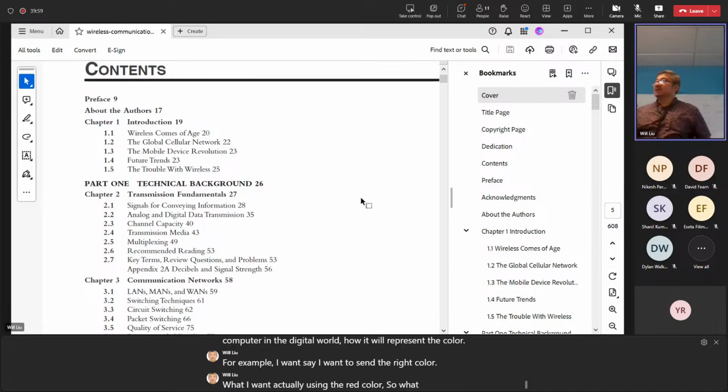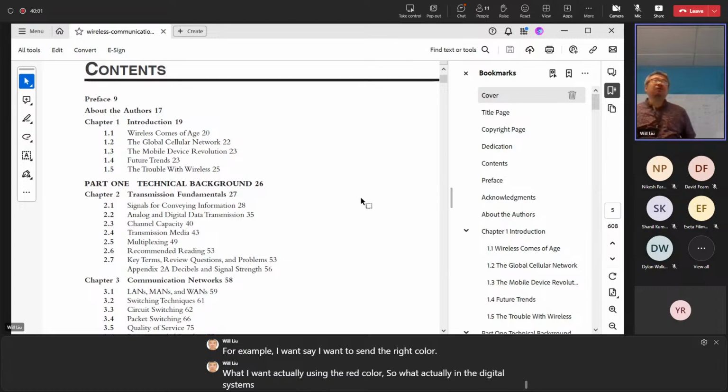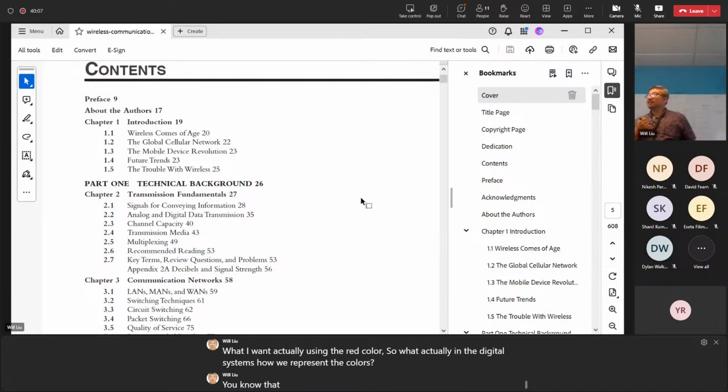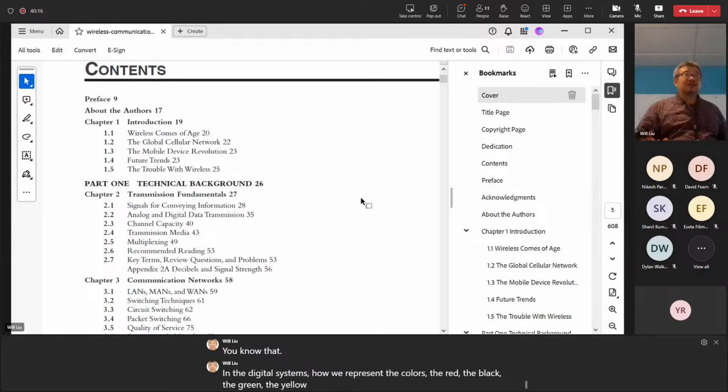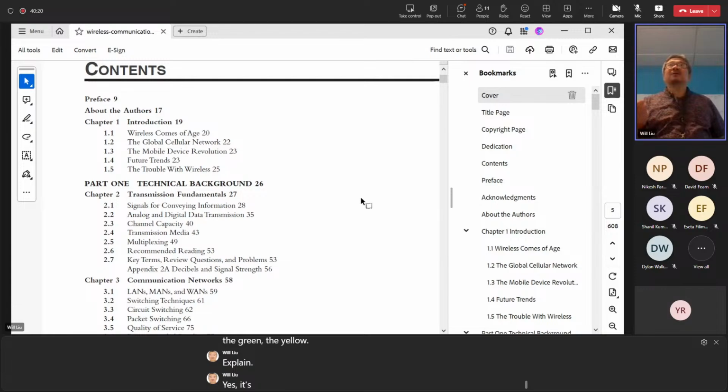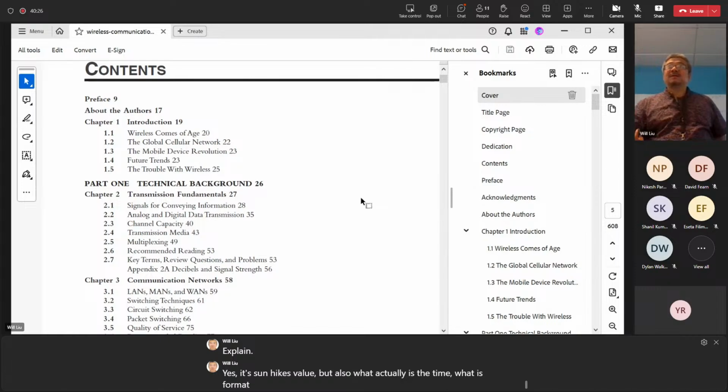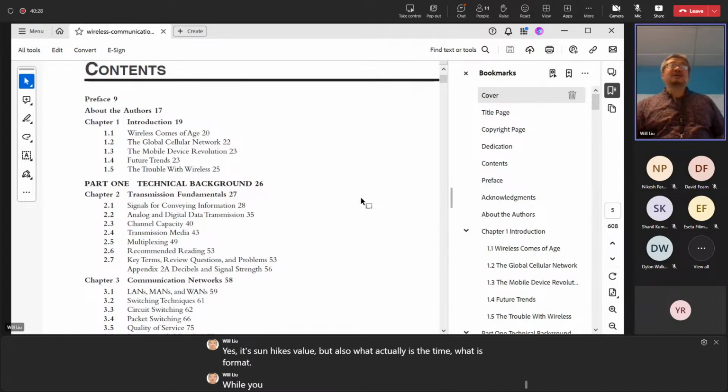So in the digital systems, how do we represent the colors, the red, the black, the green, the yellow? You know that? Yes, hex value, but also what is the format when we represent the colors?